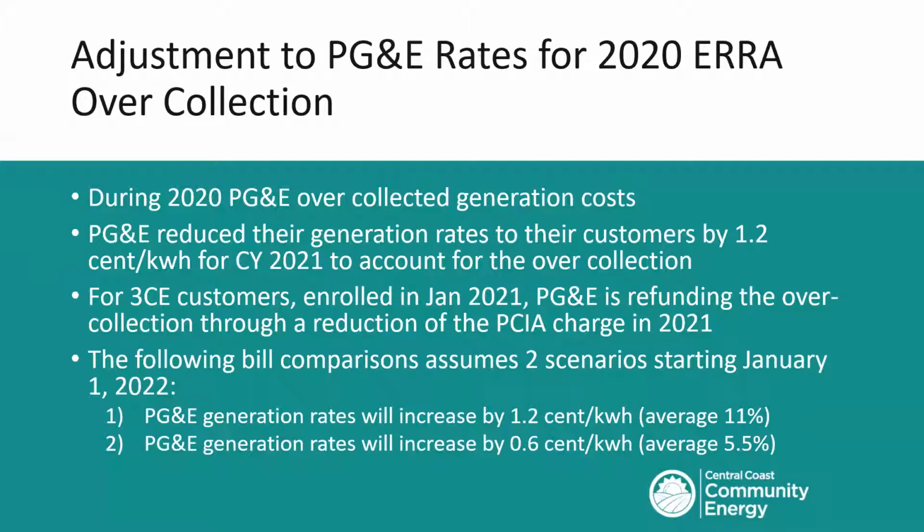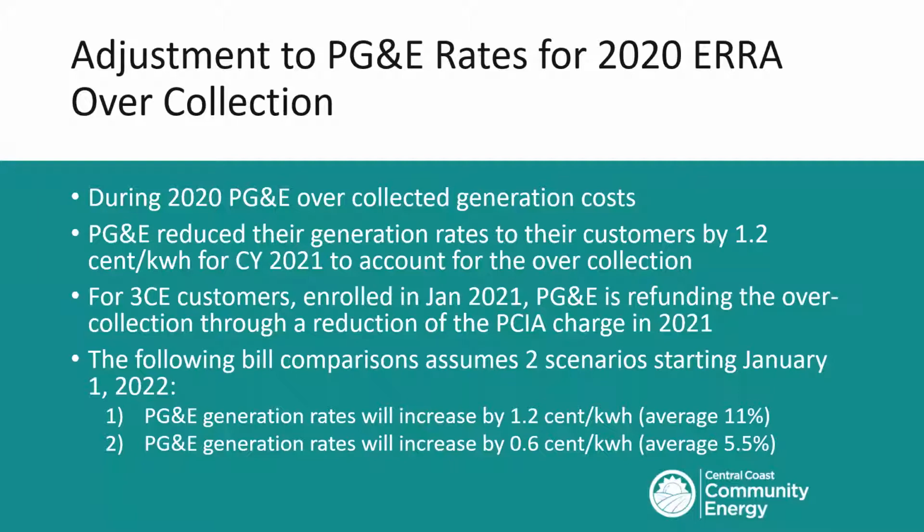So we're basically increasing the PG&E rates by 1.2 cents; they're getting a credit right now of 1.2 cents. Now, in July of 2021, PG&E is going to come out with another ERRA filing, and what we said was, well, that may impact that 1.2 cents.